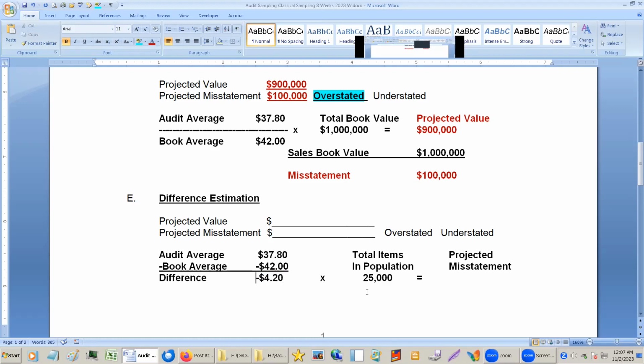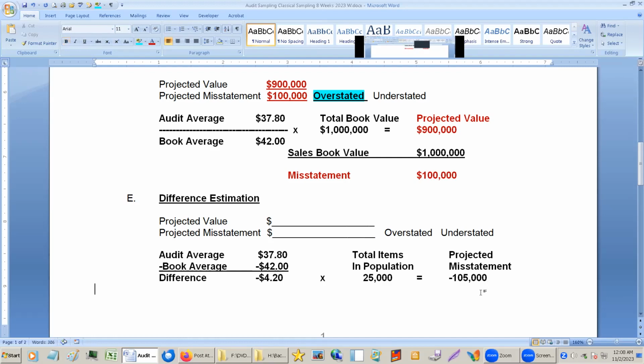So I'm going to multiply that out. $105,000. So we're saying that the misstatement is, wrong place. Hold on. So we're saying that this whole thing is overstated.